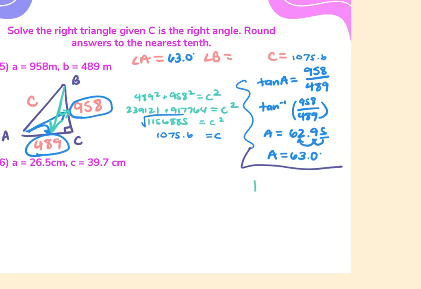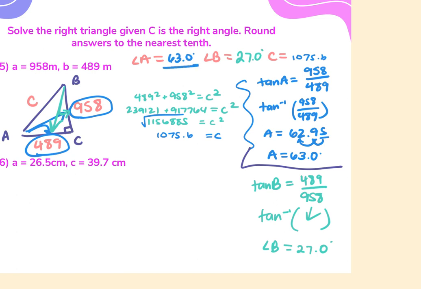So the tan of B is 489 over 958, and I would do tan -1 of that. 489 divided by 958, and I get angle B is 27.04, which is 27.0. Faster than that would have been to take your 63.0 and subtract it from 90. You could do either one.